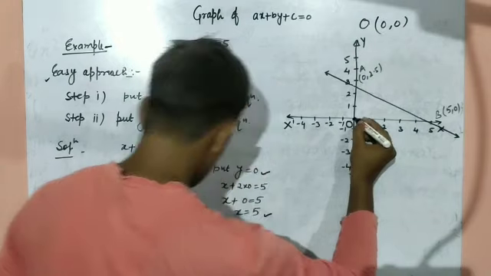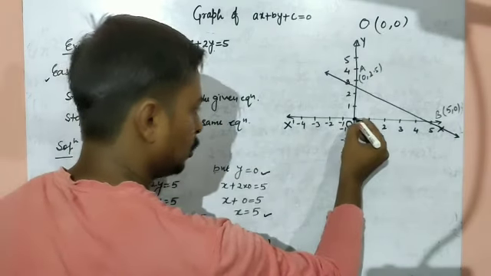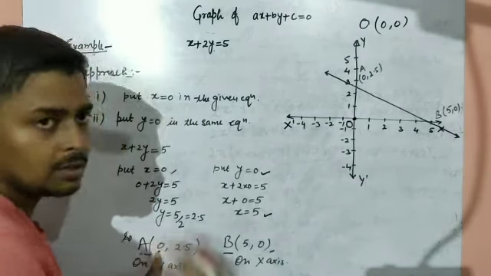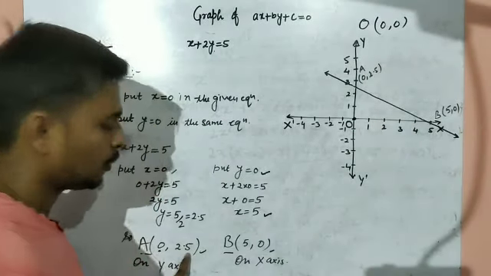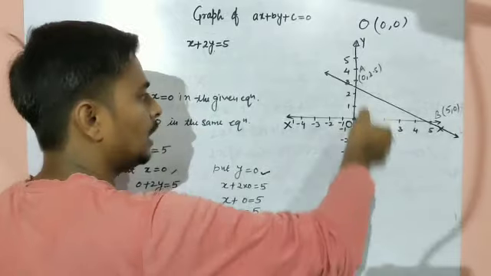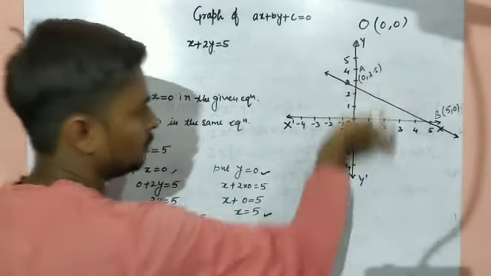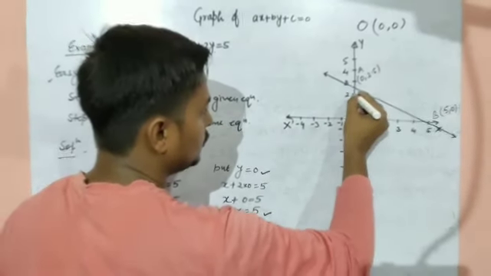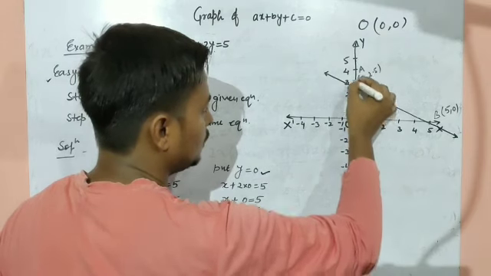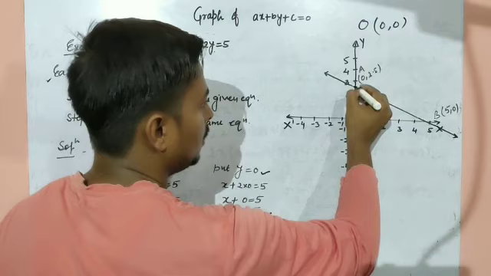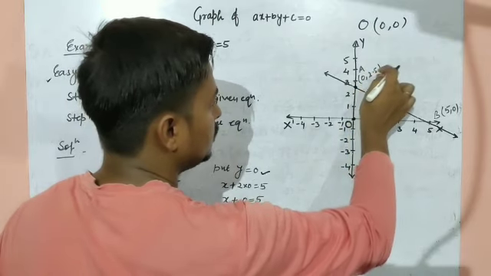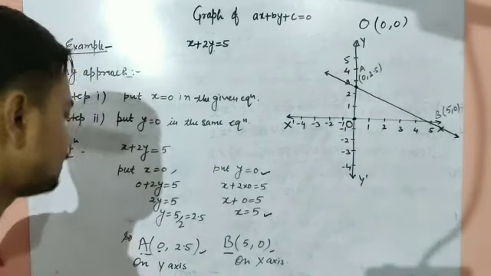So from here there should be no movement in the x direction, because x is 0, and 2.5 means we have to move only on the y axis. This is positive, so this is 1, 2 and this is 3, so in between is 2.5. This will be the point A, (0, 2.5).